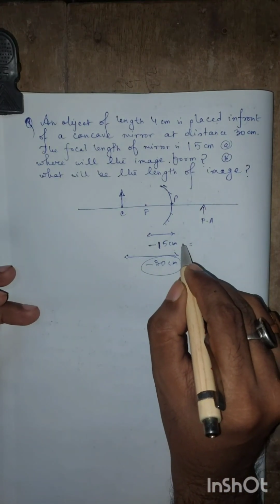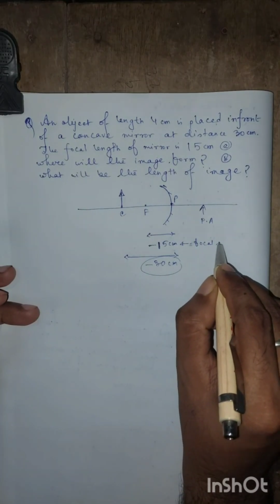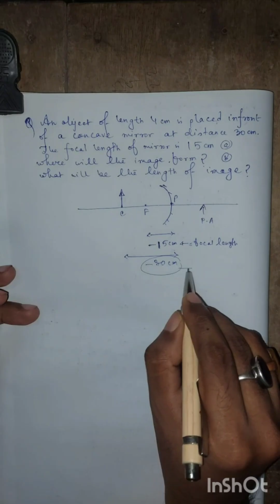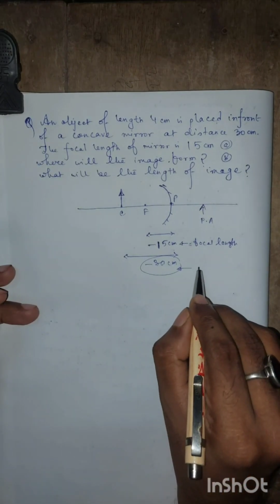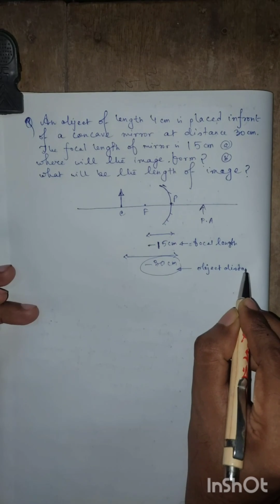This is our focal length, and this is our object distance.